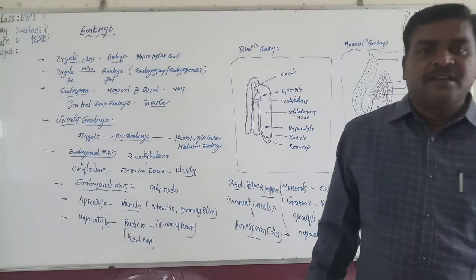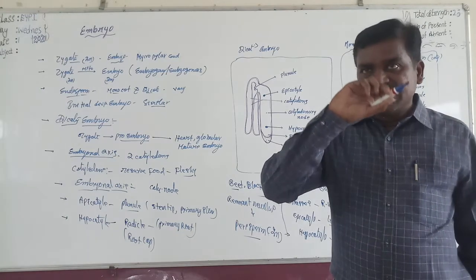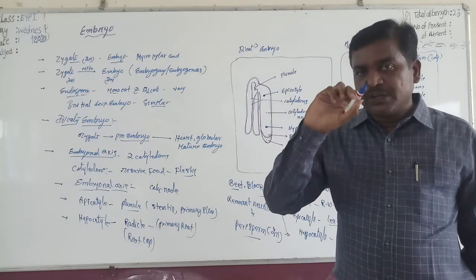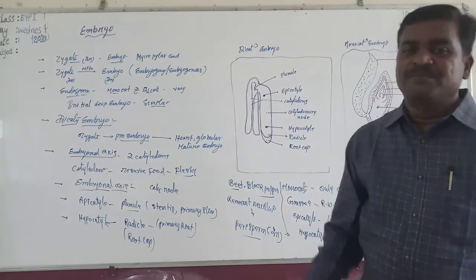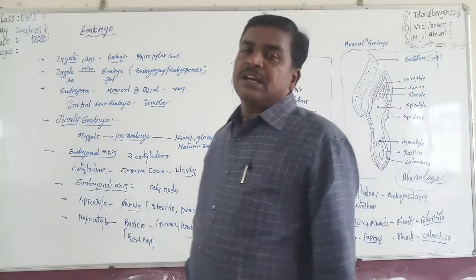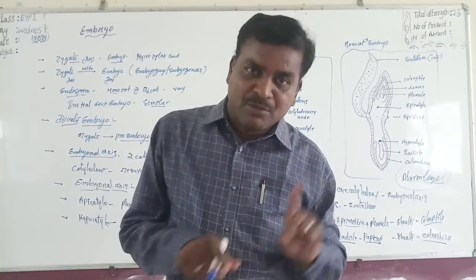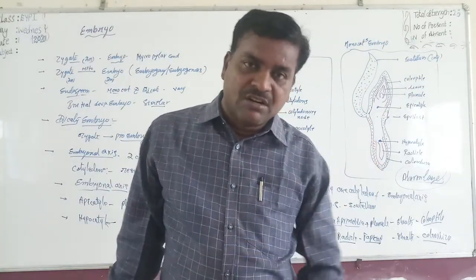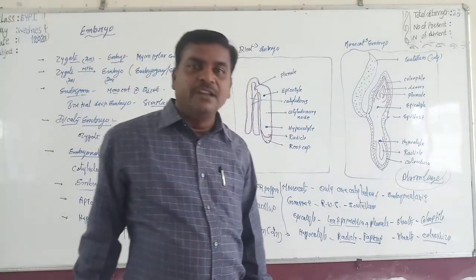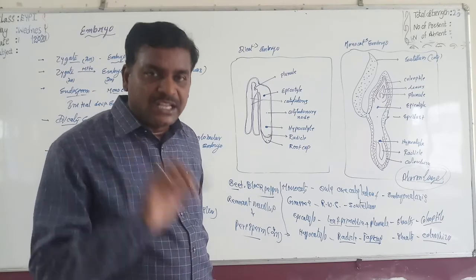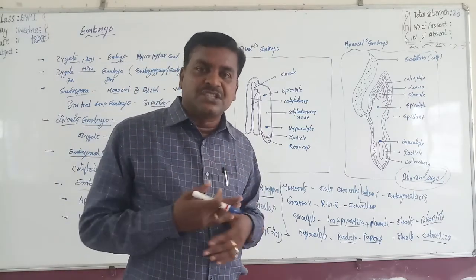The proteinaceous layer present surrounding the endosperm in the monocot seed is called the aleurone layer. Aleurone is equal to proteins. It is made up of proteins.